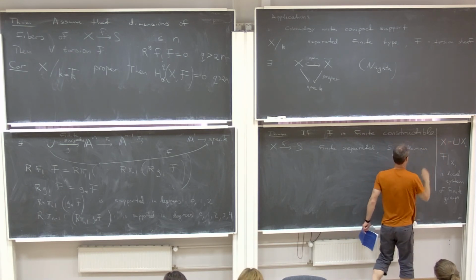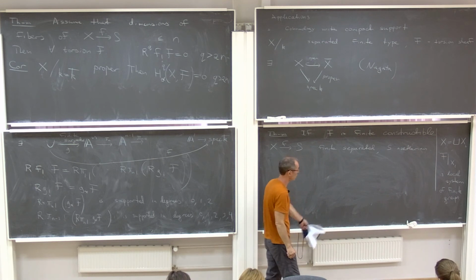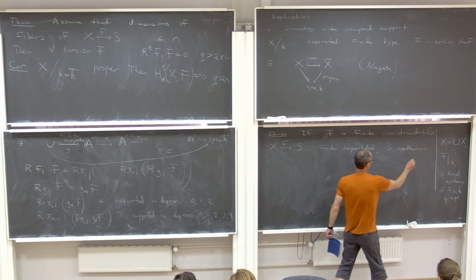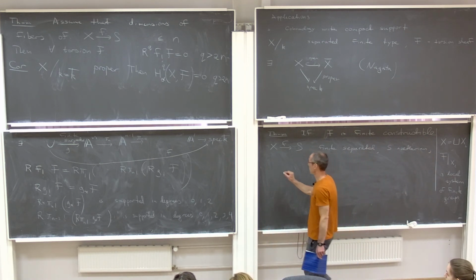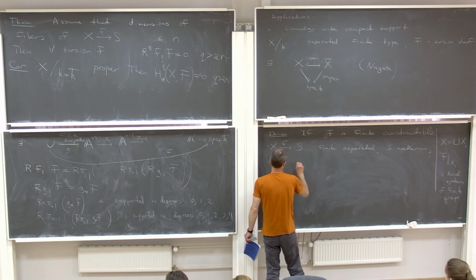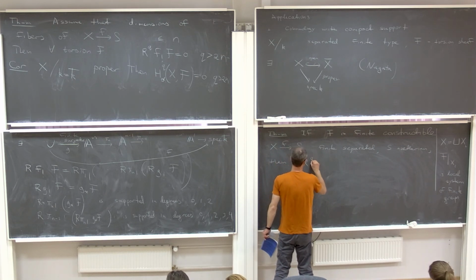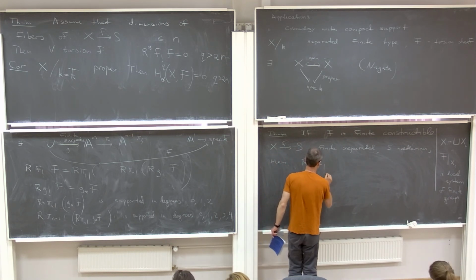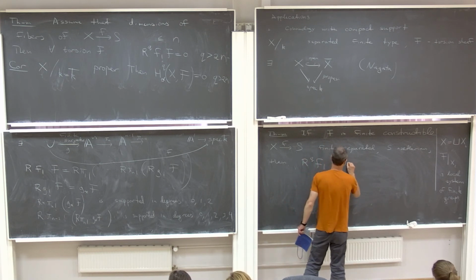As a matter of fact, we defined this notion of constructibility only for Noetherian schemes. Then R f lower star of F is constructible.